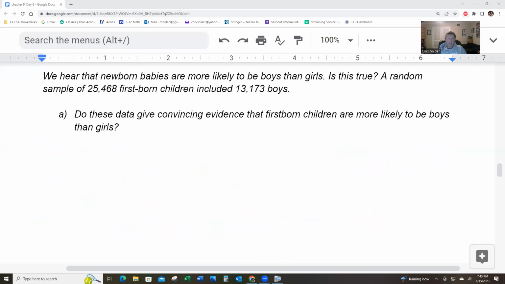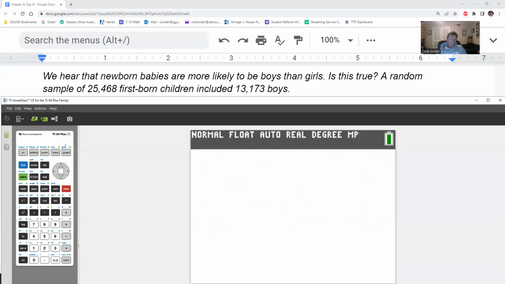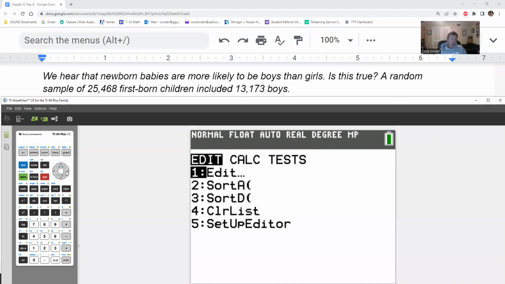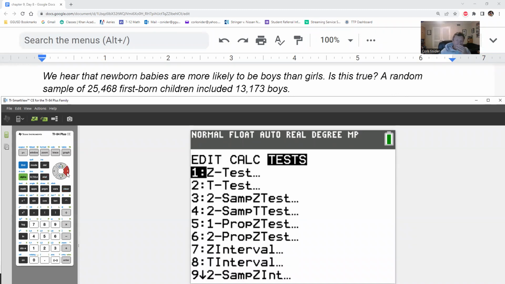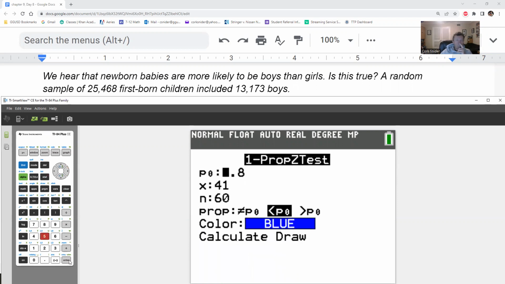All right, so let me bring the calculator in. Remember those numbers here. All right, so I'm going to go STAT and then arrow over to TESTS. And I'm going to go one-prop Z, okay? One-prop Z test, number 5.